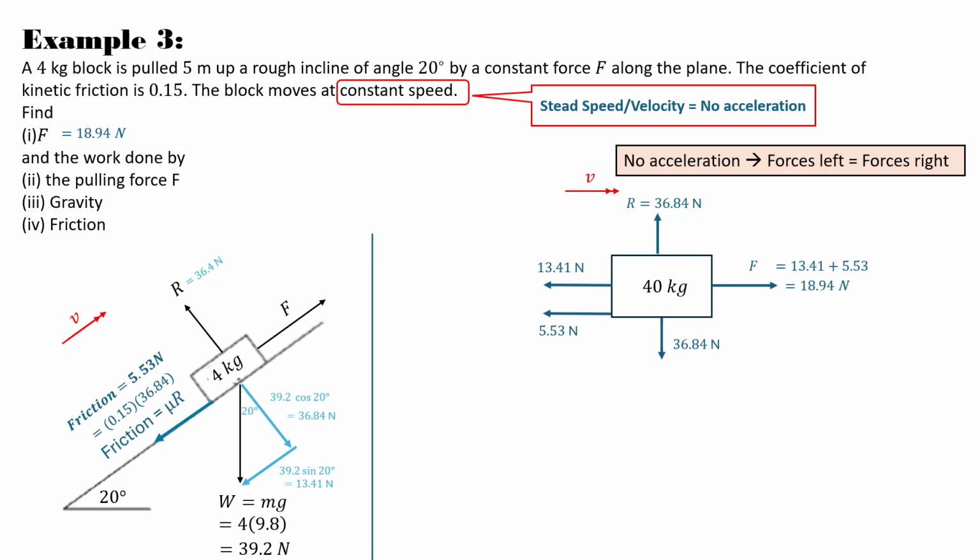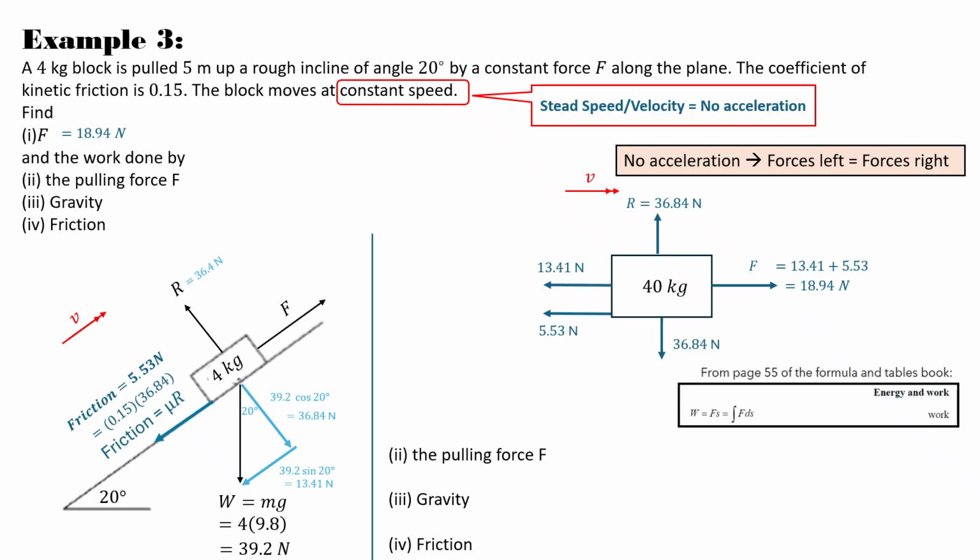So then for the next 3 parts, it's asking us for the work done. So let's look at them individually. For work, it is force times distance traveled, so that's 5 meters. For our pulling force F, that's going to be 18.94 times 5, which works out about 94.7 joules. So gravity, the work done by gravity, really that's the work done by weight, because we know gravity is not a force.